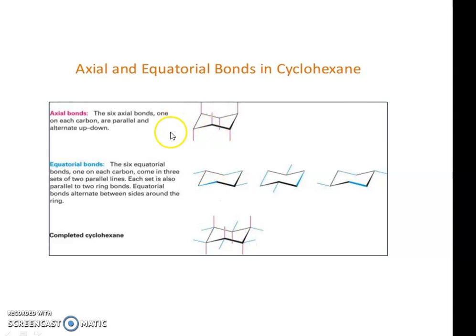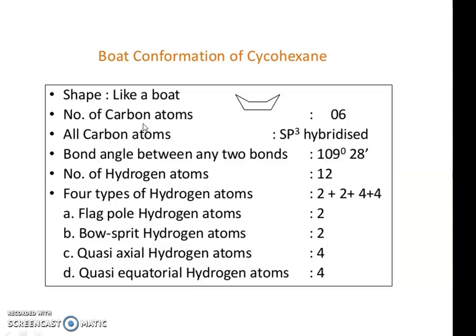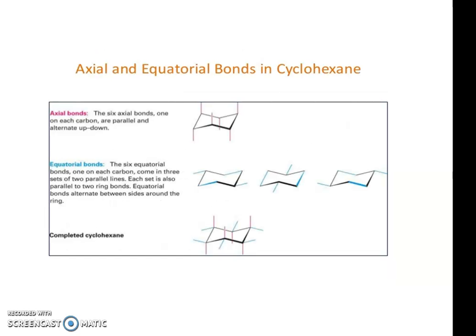And if you see here, the 6 axial bonds, one on each carbon, are parallel and alternate up and down. So these are the bonds we call axial bonds. They are parallel and they alternate up and down.